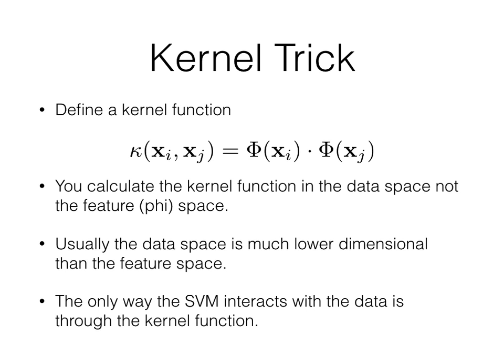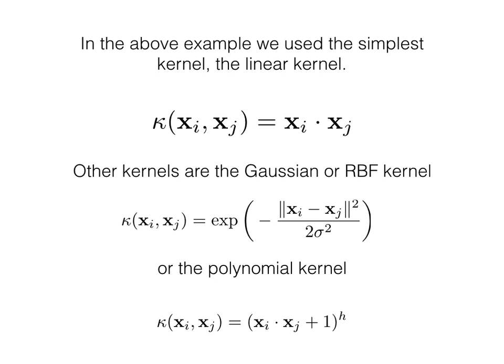So we're defining a kernel function that's the dot product of the xi and xj after they've been projected into the phi space, into the feature space. But the support vector machine only interacts with the data through the kernel function, so we only need to use this kernel function. We saw those before.